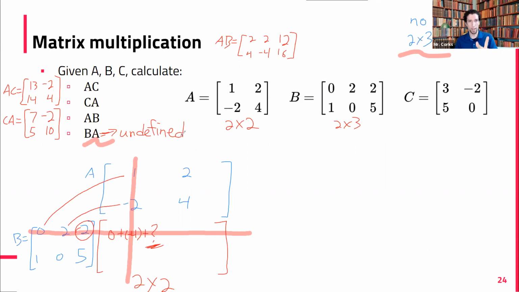Also, though, we see that if we flip the order, as we see with AC and CA, changing the order can change the numbers that we get. Even more than that, just flipping the order can go from a possible operation to an undefined, an impossible operation.